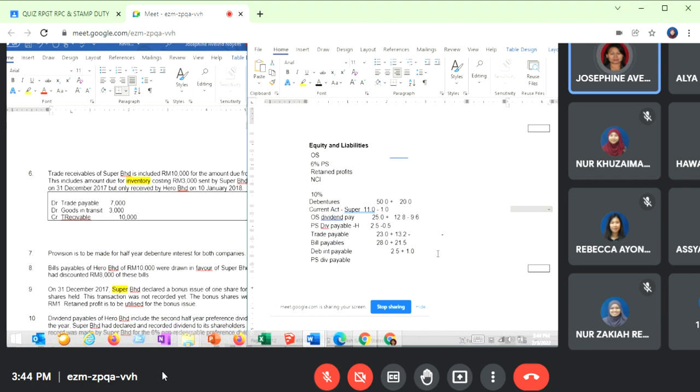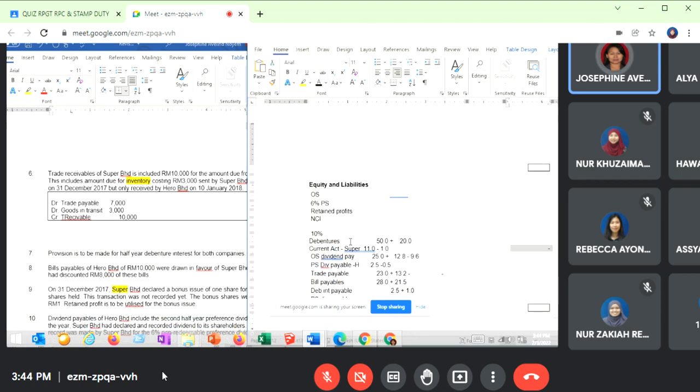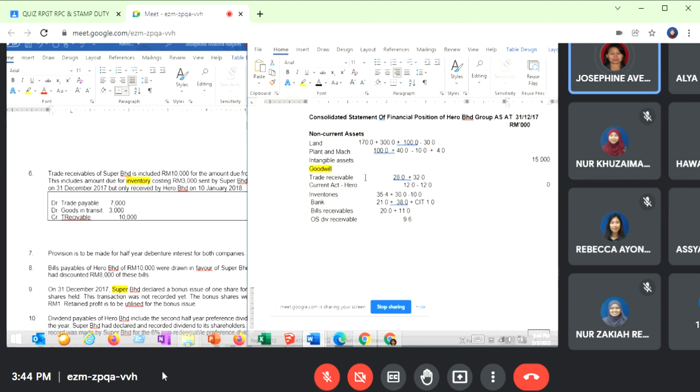So we go back here, then we go to our trade receivable. We're going to minus 10 on the trade receivable. And then we go to our goods in transit, which is our inventory.